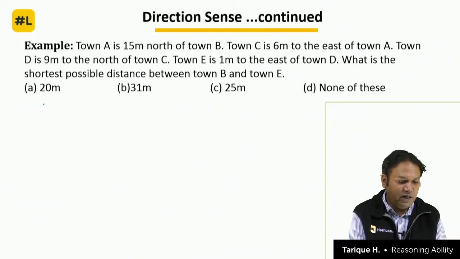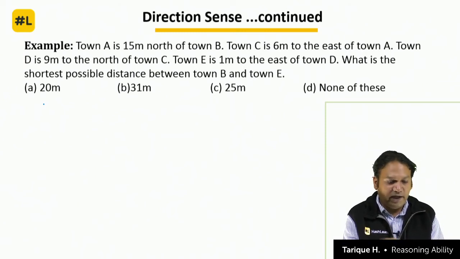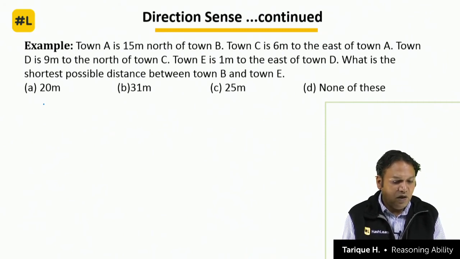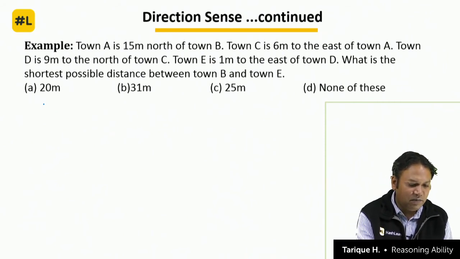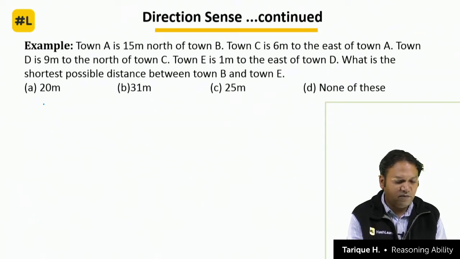Okay. So based on the information we have to make a diagram. Town A is 15 meters, or say kilometers you can say, because this is just for the matter of solving the question, so let's keep it like that.